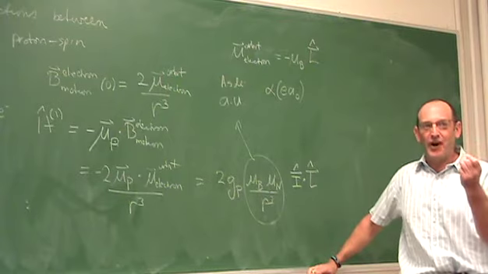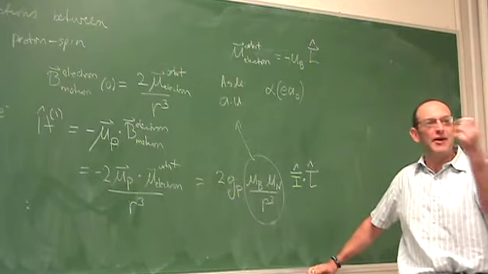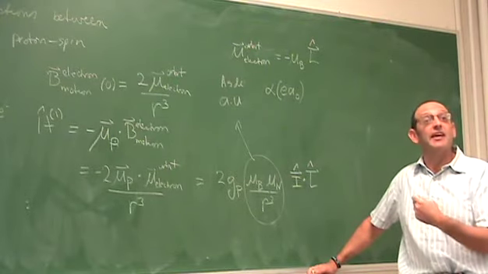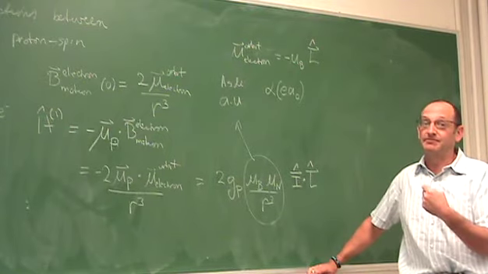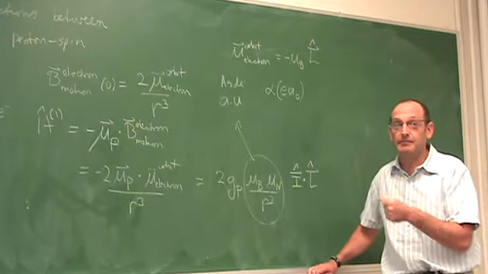If I have a charge and it's moving, the ratio of the electric dipole moment to the magnetic dipole moment is the ratio of the speed to the speed of light, in CGS units.